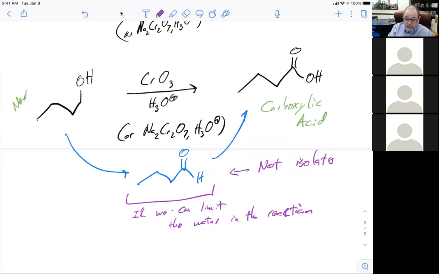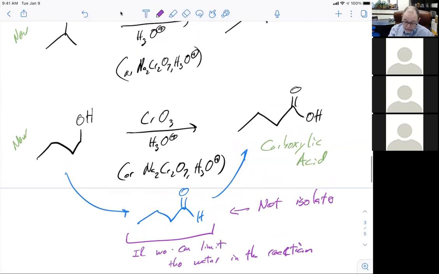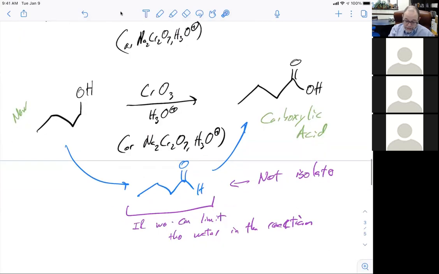And that's actually one of the ways they tried to isolate this to prove the mechanism. But notice that both of our reagents, right? The solvent is actually water. So what we need is something that behaves like the chromic acid, but that we can put in a non-aqueous solvent. So we can limit that and potentially stop at the aldehyde.